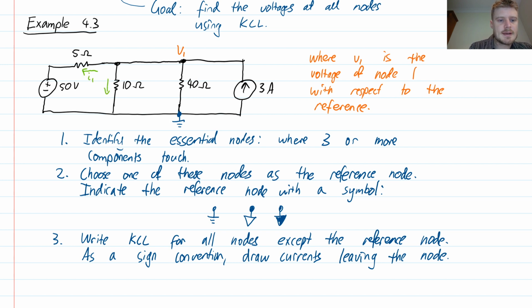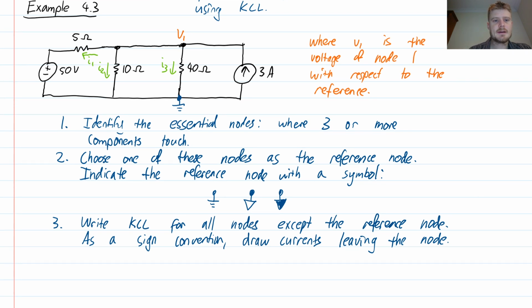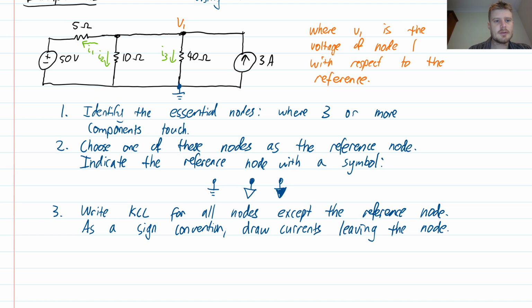I have a current here, I will call it I2, and a current here, I'll call it I3. On the fourth branch, I have a current source, so I don't need to label anything there. That current source is by definition 3 amps, and no additional work is needed. I can then write down Kirchhoff's current law for these currents: I1 plus I2 plus I3 minus 3 amps is equal to 0.